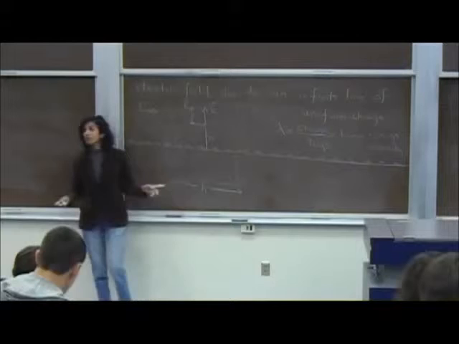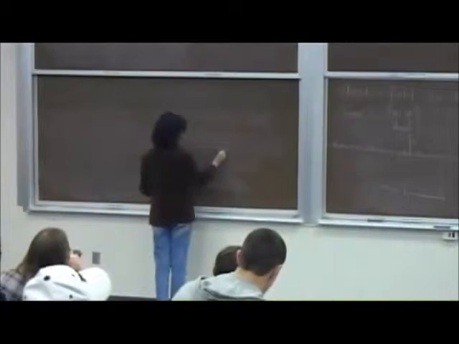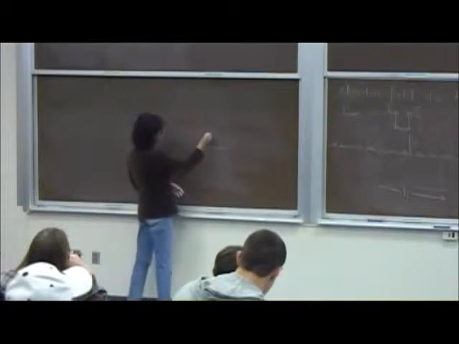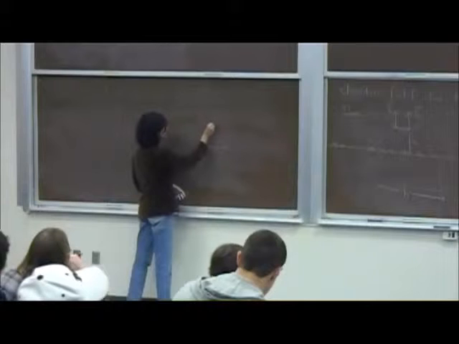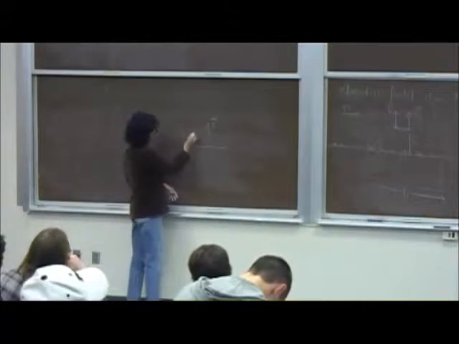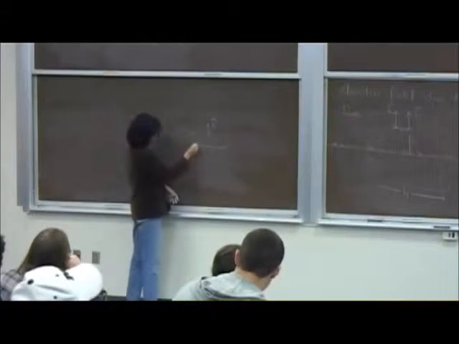For a finite line, we couldn't use this argument, because if you have a finite line here, this is the end. In this case, the only place where you can say the electric field is straight up is at the center, right? Do you see that you cannot say that the electric field is actually straight up at the end here? Why not? Because think of little dq's.